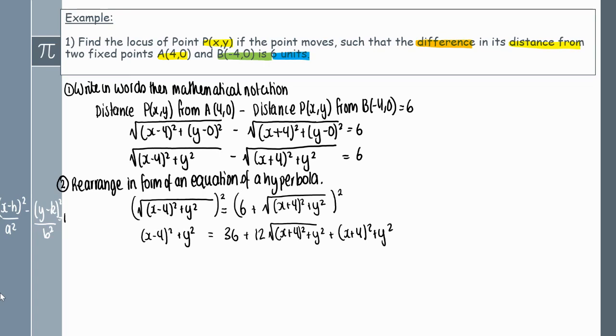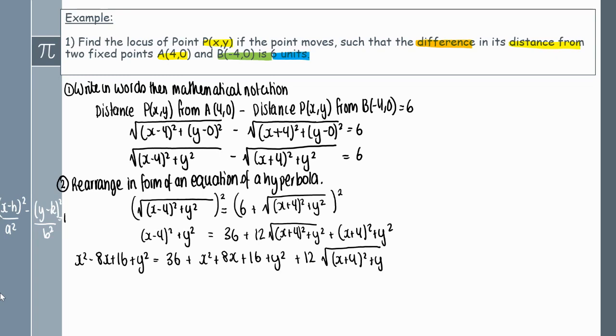Next, let's expand where we can, and then hopefully some things will cancel out from both sides of the equation. I'm going to redraw that. On the left-hand side, if we expand the brackets, we get x squared minus 8x plus 16 plus y squared equals, on the right-hand side, I'm just going to move things around a little bit. So I'll get 36. Then I'm going to expand my (x plus 4) squared plus y squared there, and I'm going to leave my square root as the last component of that equation.